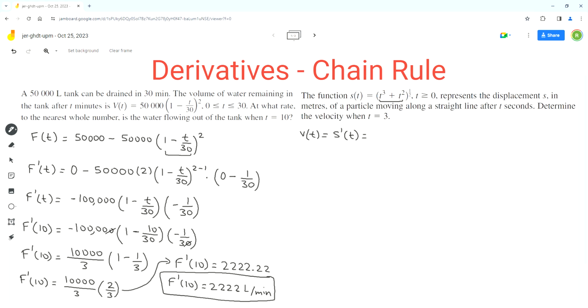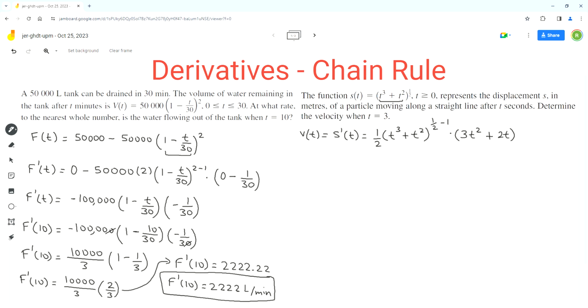So we'll move the exponent to the front, times t cubed plus t squared, and now we'll subtract 1 from the exponent, and then times the derivative of the inner function, and that will be 3t squared, so we are using power rule, and then plus 2t.